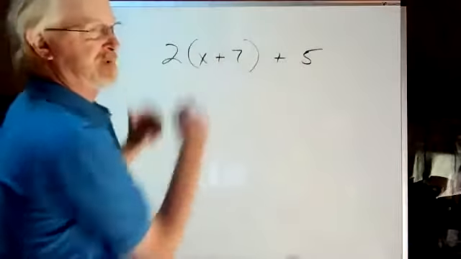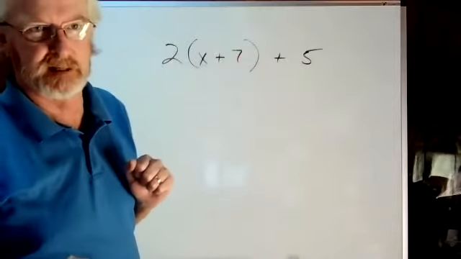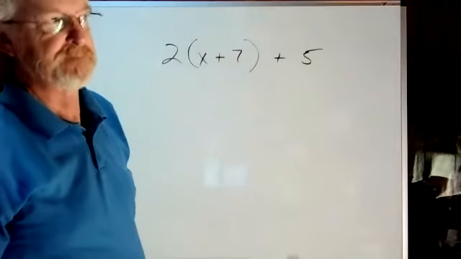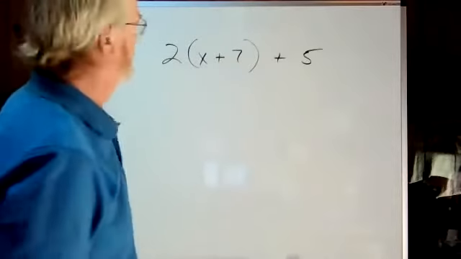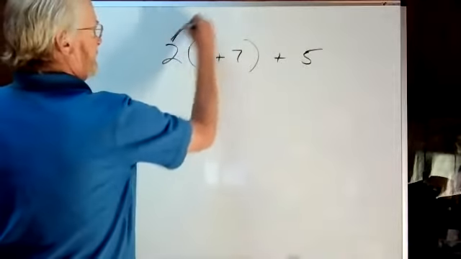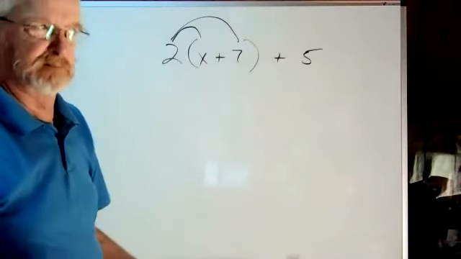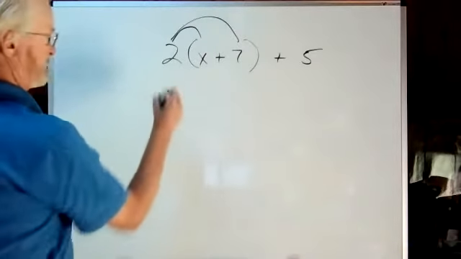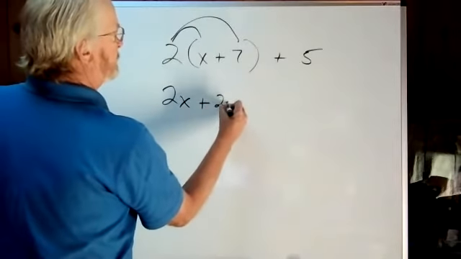But that's trapped inside the parentheses, and there's no simplifying I can do inside to get rid of the parentheses. So that's where the distributive property helps us out. I can do 2 of each of these, and now it's a string of addition and multiplications, but no more parentheses. So that becomes 2 of x's plus 2 of the 7's.